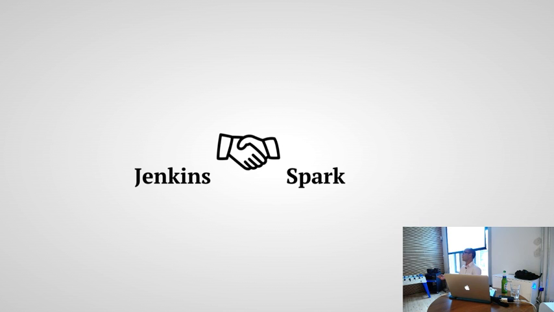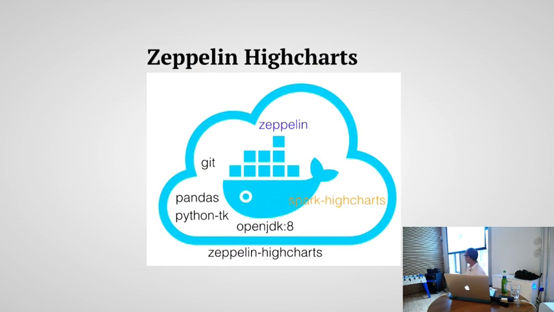I need some environment to run those analytics. What should I do? I try to use a Docker environment, and I build a Docker environment called the Zeppelin highchart. Inside it has Git, because it's easy to use.